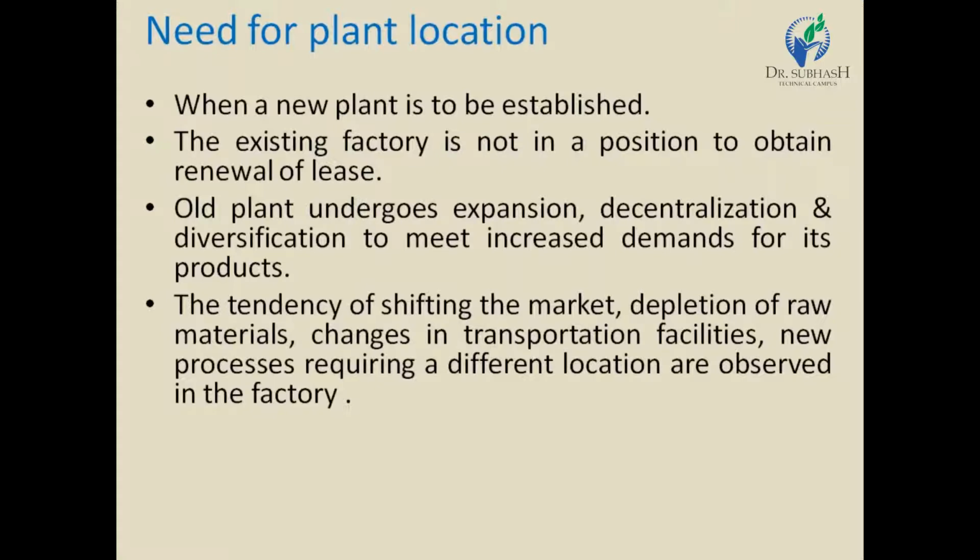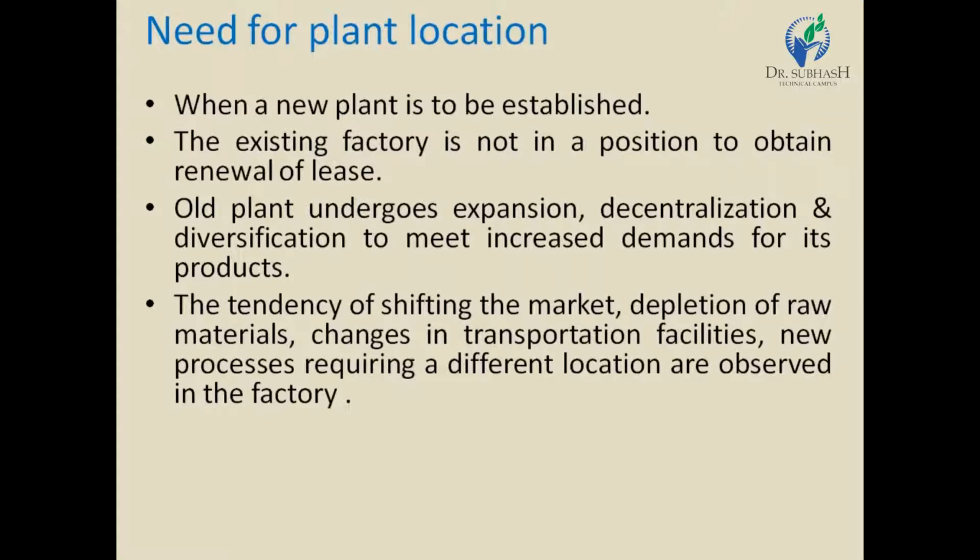But if the market is shifting from one place to another, then based on the demand they will also have to change their position. Depletion of raw materials means raw materials are not available where your plant is located. Initially it was available, but now it is difficult. At that time also the need for plant location arises.